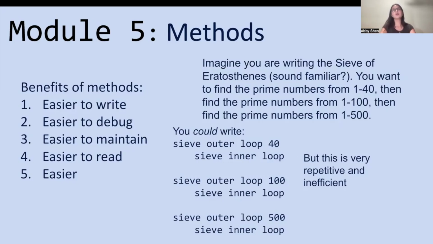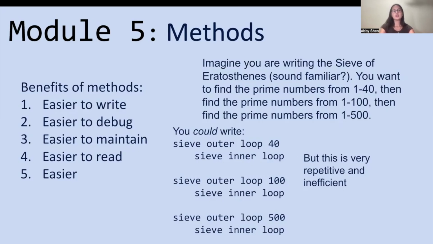So, kind of to put it into perspective a little bit, let's say we're writing the Sieve of Eratosthenes. So this was one of our previous studios that was kind of involved with nested loops to find prime numbers, right?